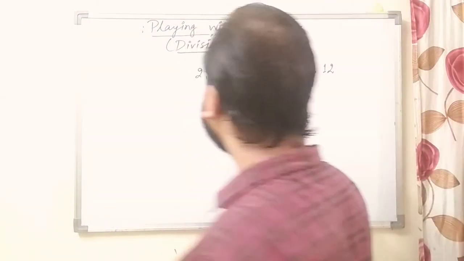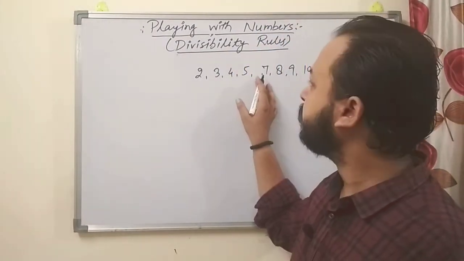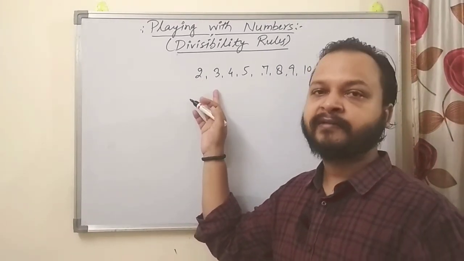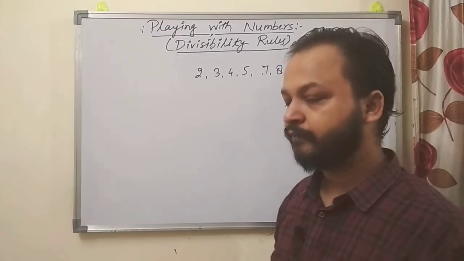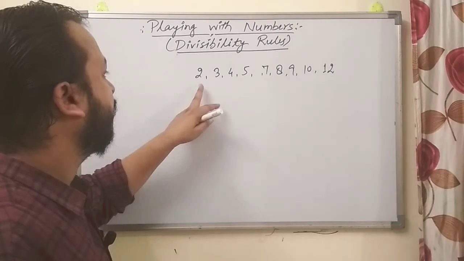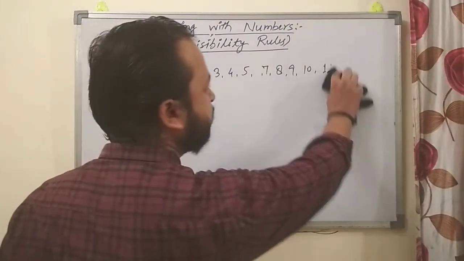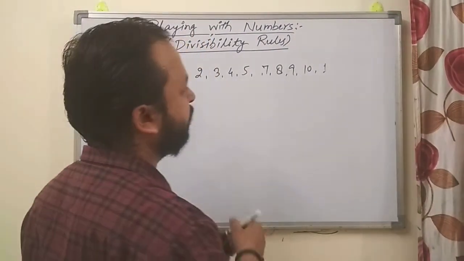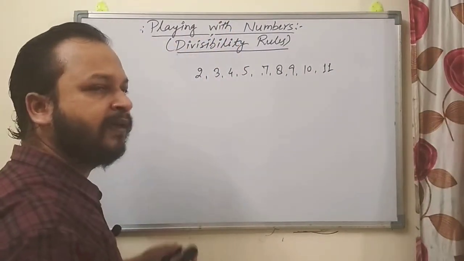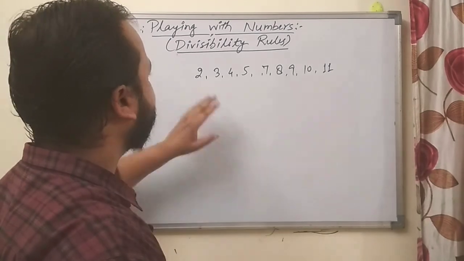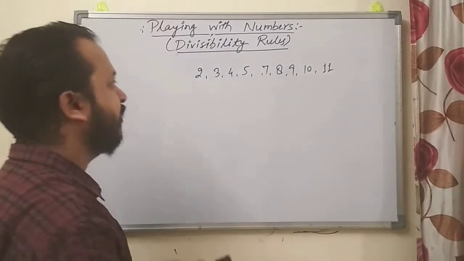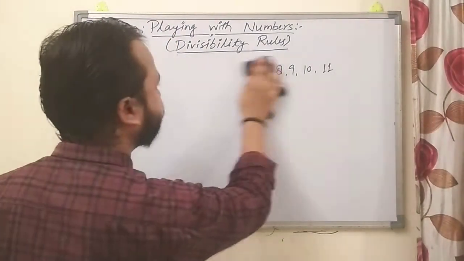The divisibility of 6 we are not going to study here, because any number which is divisible by both 2 and 3 is divisible by 6 also. So we'll start from 2.